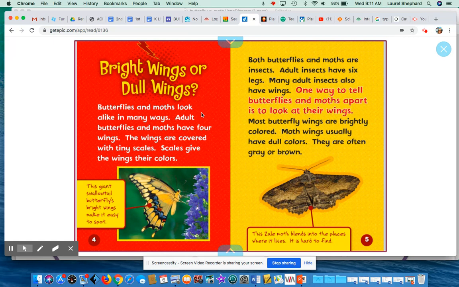I could pause right here and I could think, I have already heard some facts. On this page, the red page, it talks about how they are alike. That means how they are the same. It says adult butterflies and moths have 4 wings. They both have 4 wings, and the wings are covered with tiny scales.